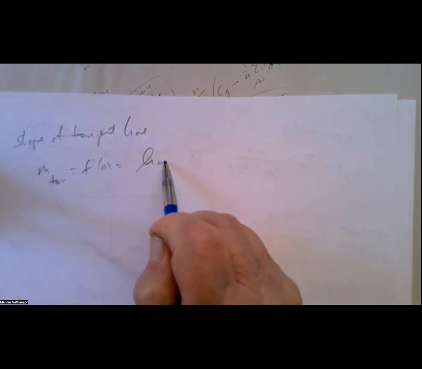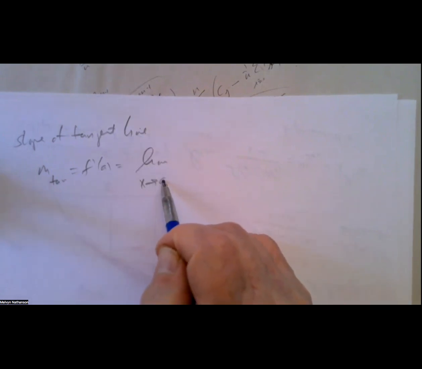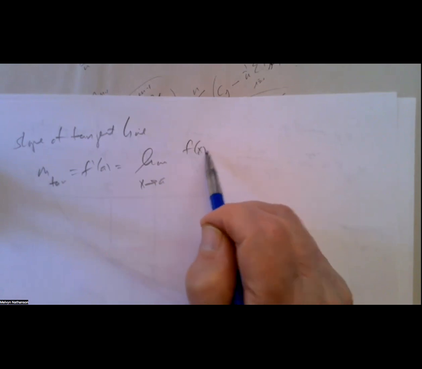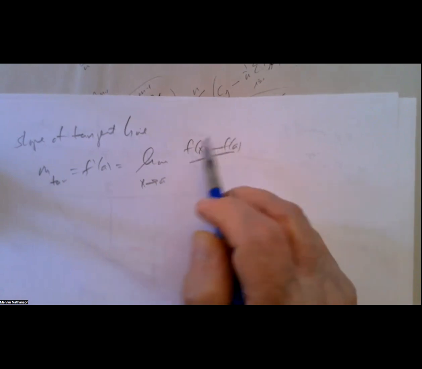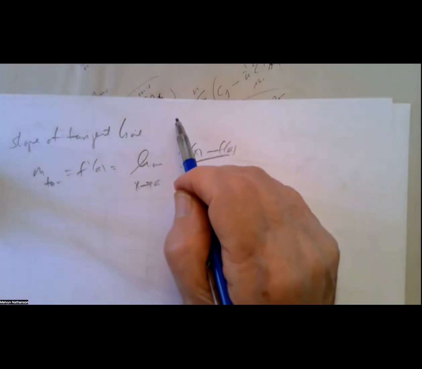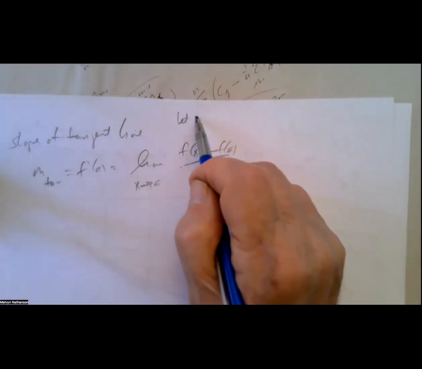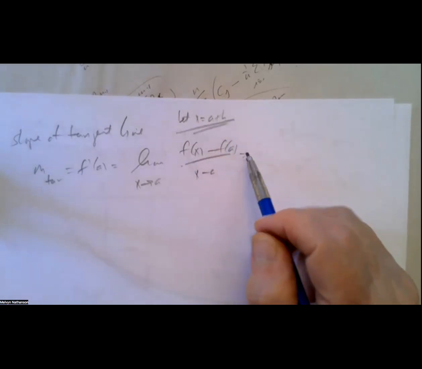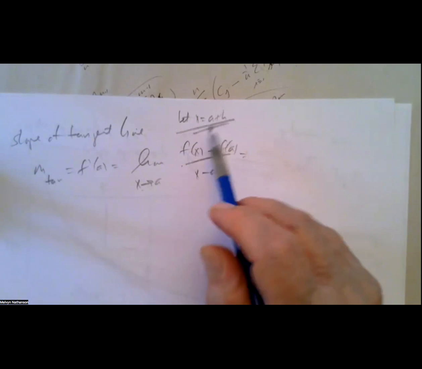We can write this as the limit as x approaches a of f of x minus f of a over x minus a. Or if we let x be a plus some small quantity h, as x approaches a, h approaches 0.